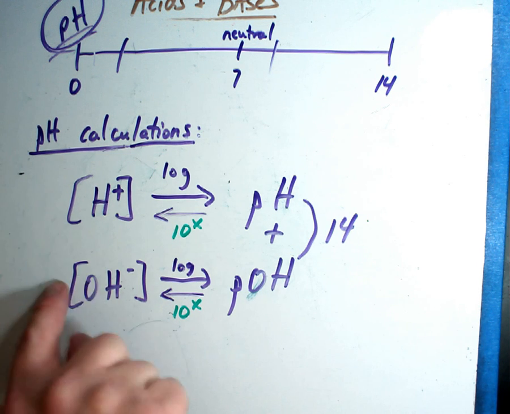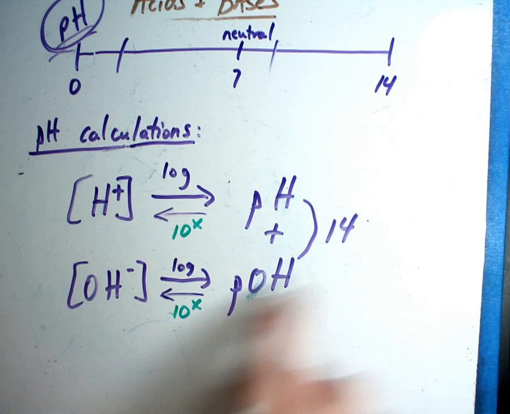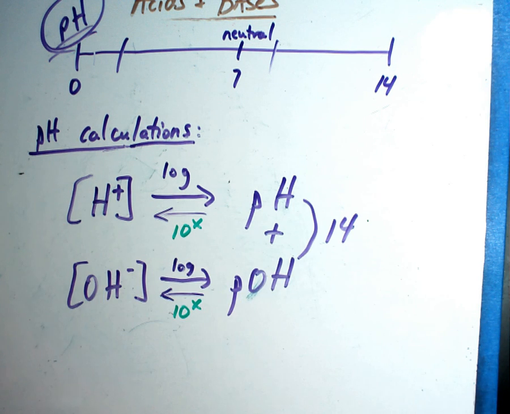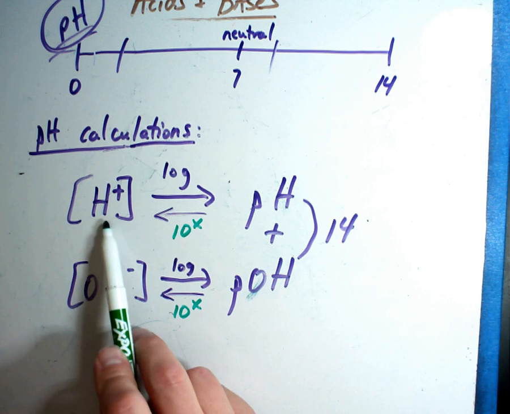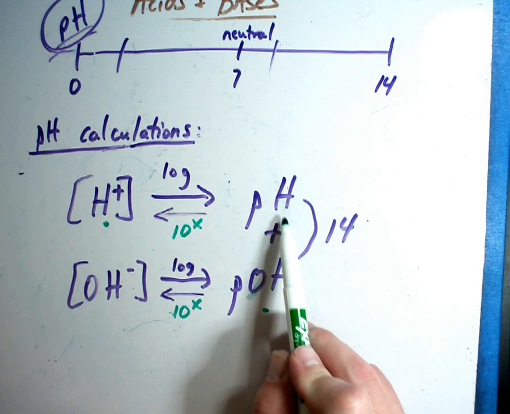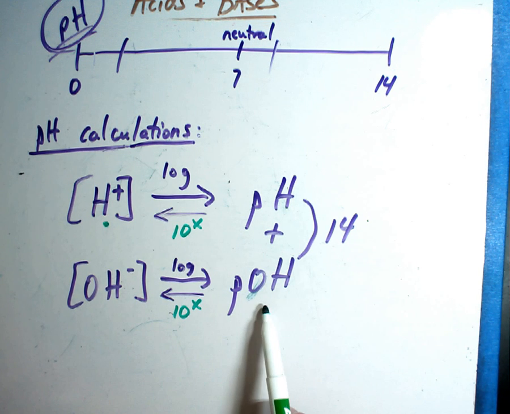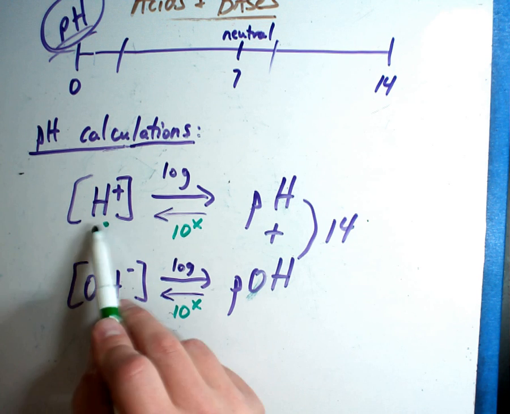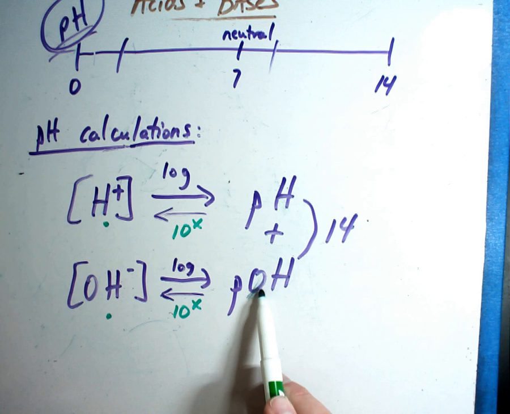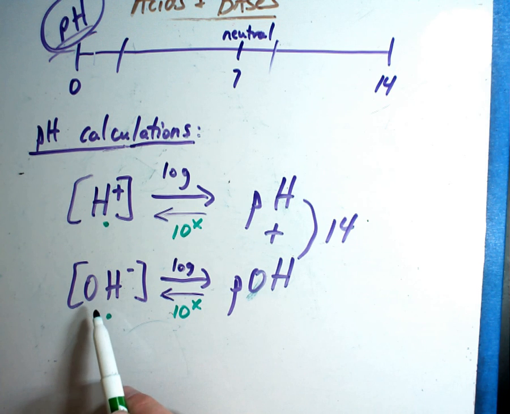Notice there's not a link right here, so we're going to work sort of like a horseshoe. What happens if I'm here and I want to go here? I'm going to use log to get here and subtract from 14 to get there. Well, what if I wanted to go here? I would use log, subtract 14, and then use 10 to the x to get here.